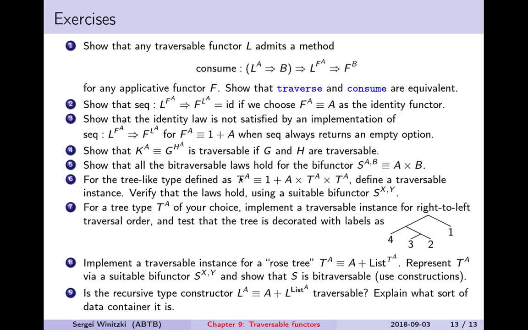So if you express t as a recursive equation using some bifunctor s, and you show that the bifunctor s is bitraversable, again using constructions, of course, then you don't need to do the proof yourself. The constructions already prove once you have found them.